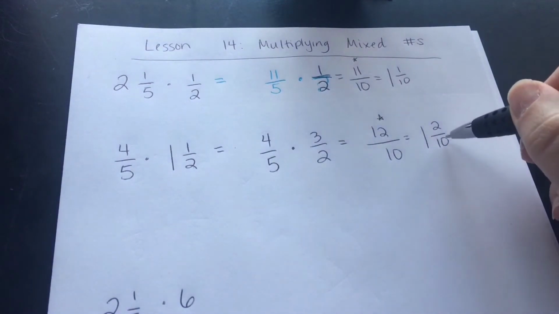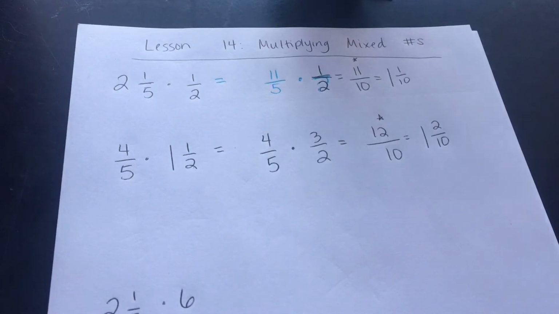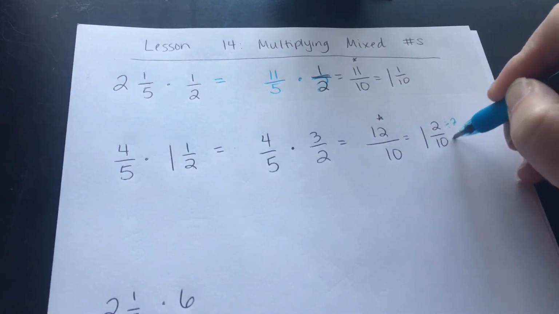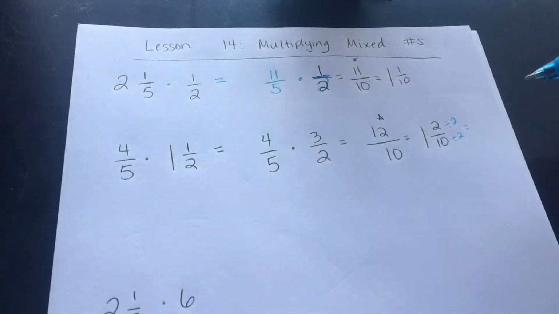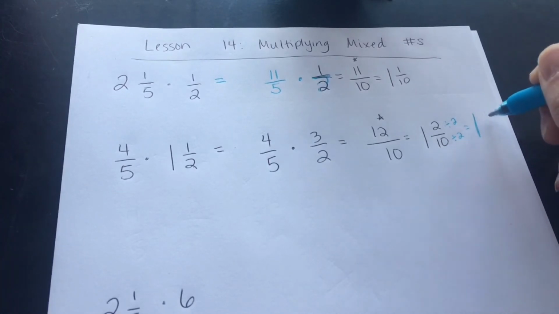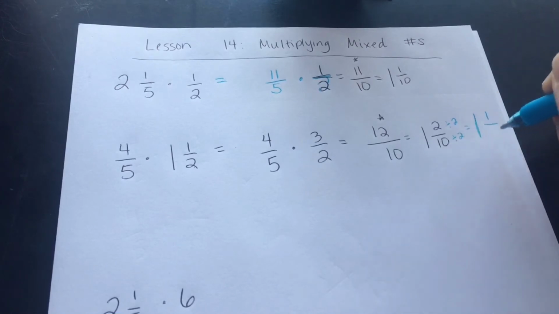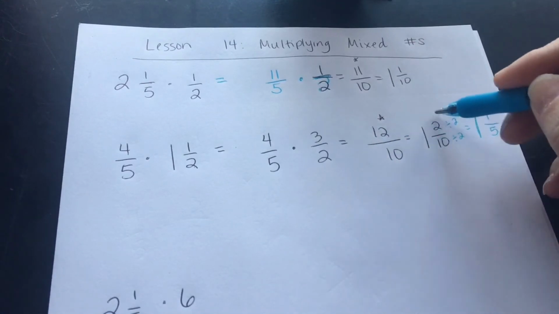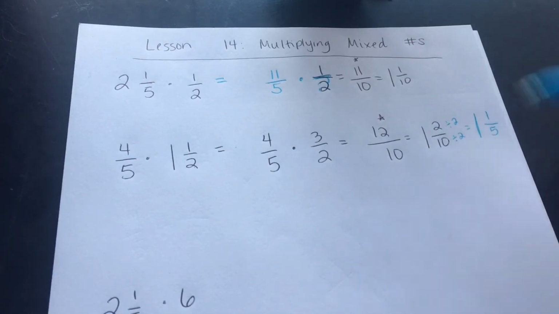Even though this is the more right answer, there's actually one more answer that's even more correct, which is when you divide top and bottom by 2, to simplify or reduce. We talked about that in lesson 4. How many 2s go into 2? 1. And how many 2s go into 10? 5. So this is correct. This is more correct. This is the most correct.